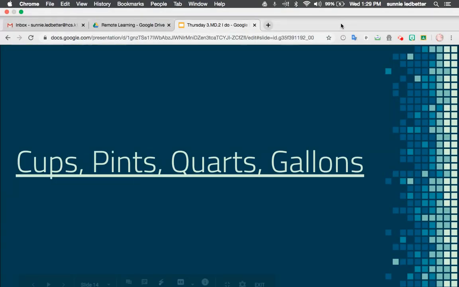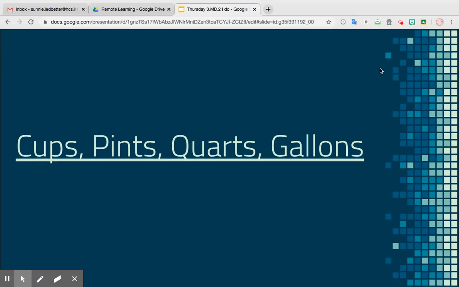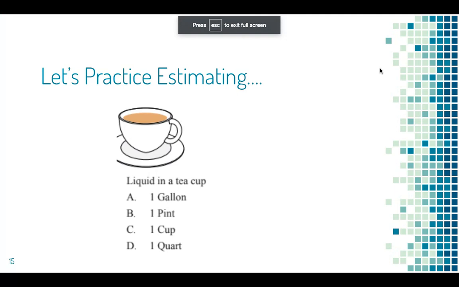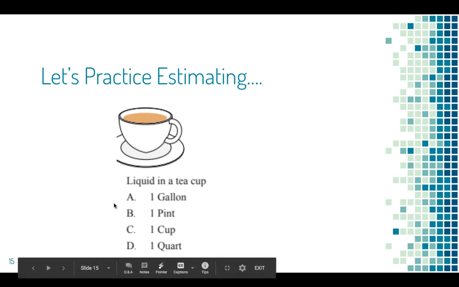So let's go back to our slides. All right, so we're going to practice estimating some after we just watched the movie. So it says a liquid in a teacup, 1 gallon, 1 pint, 1 cup, or 1 quart.